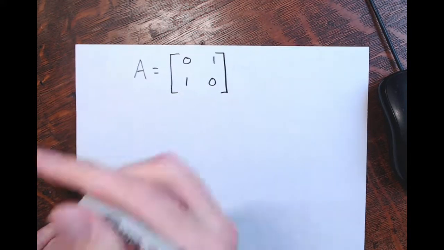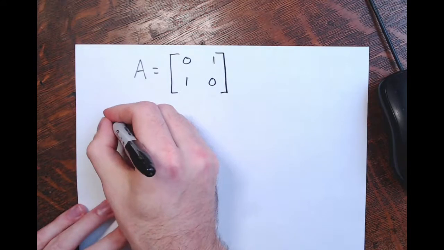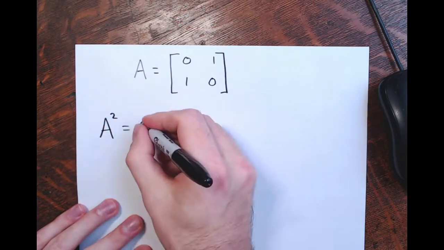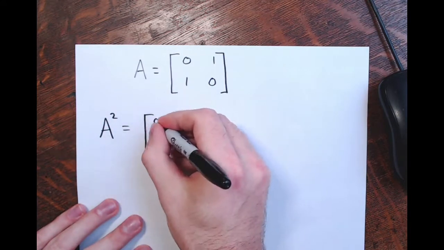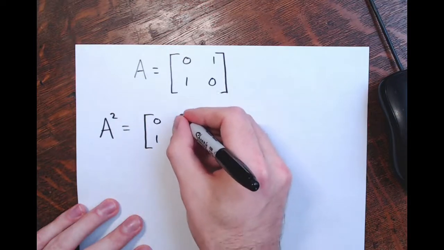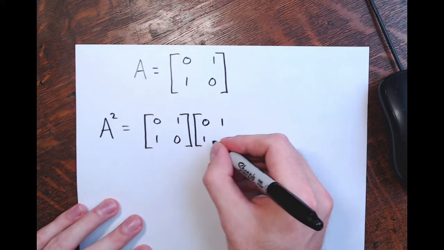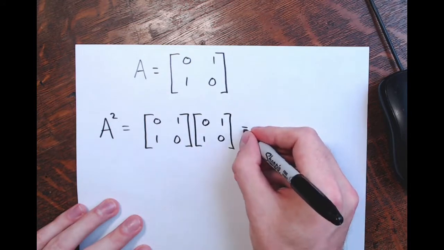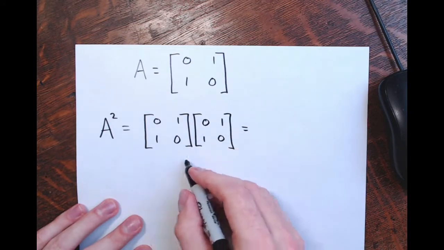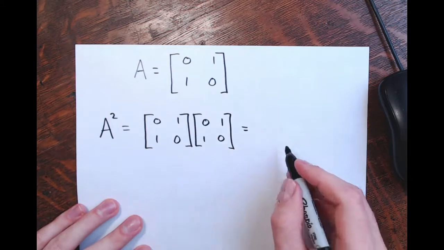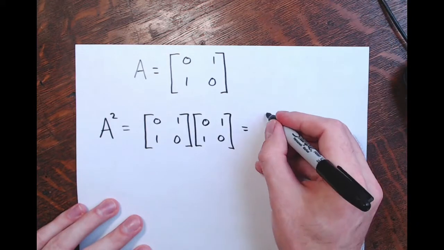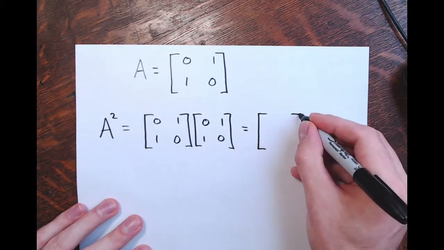They first want A squared, so that's A times A. I'm just going to do 2 copies of it. Again, this is a 2 by 2 times a 2 by 2, so the result will be a 2 by 2. I'm going to have 4 entries to fill.